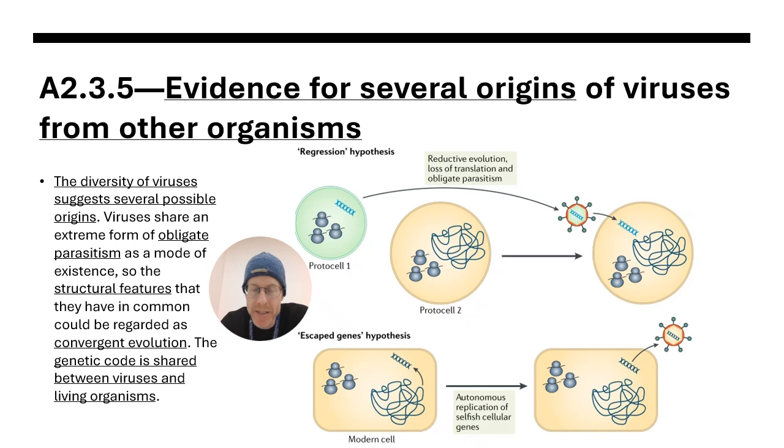And so it's hypothesized maybe these extra bits of DNA gained the ability, by acquiring proteins around them, to infect other cells and become viruses. So those are two hypotheses, but they both suggest that viruses evolved from cells.